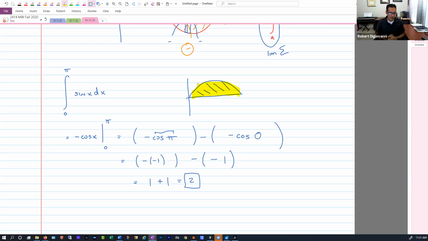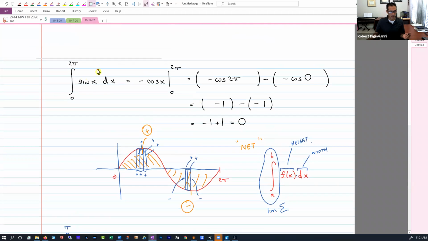So we have to be careful when we're dealing with these definite integrals about what's being asked in the problem. Are they asking for the net area? Like in this first problem we did, where the answer will be 0, that is the correct answer. Or are they asking for more of a geometric total area?